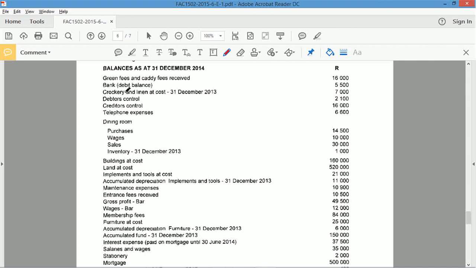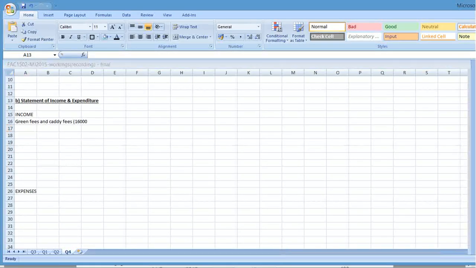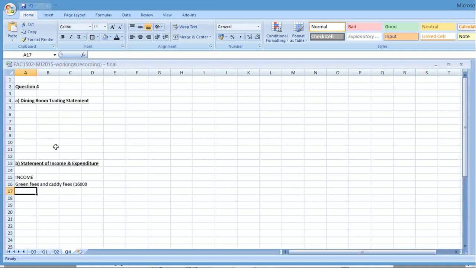Next, bank debit balance. They would have gone into the statement of financial position. I'm not going to need it for the statement of income and expenditure. Crockery and linen at cost would be an expense that we would incur, and it would probably be used in the dining room.